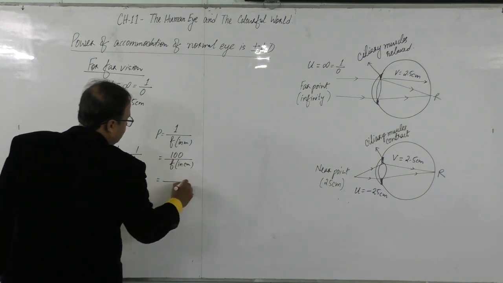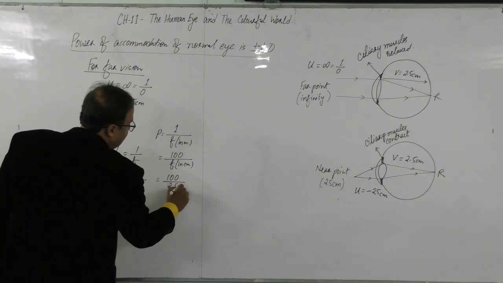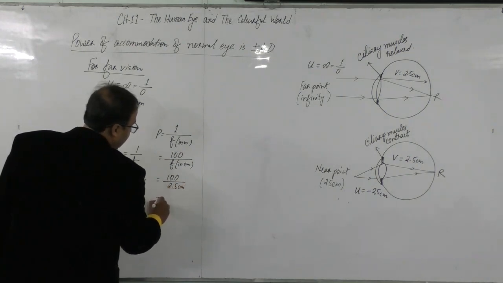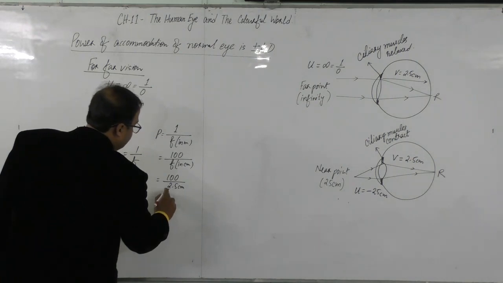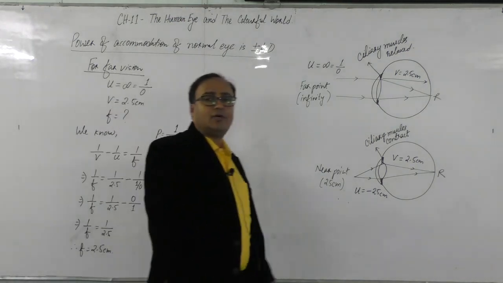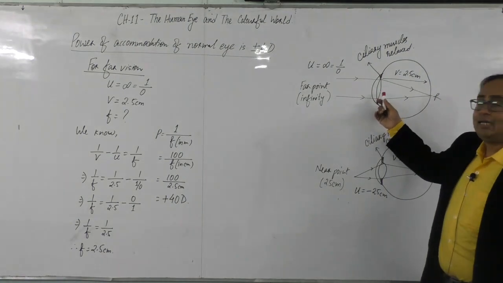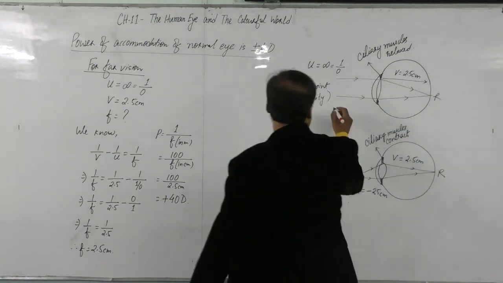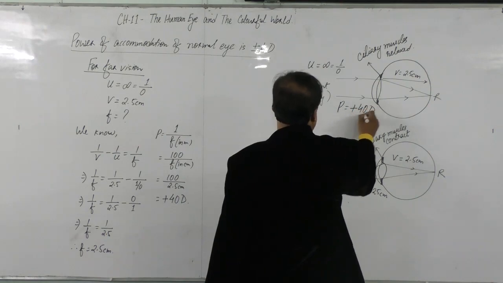So here 100 by 2.5 centimeters, so you will get 40, the power is plus 40 diopter. So when we are looking at object at infinity, the power of eye lens becomes plus 40 diopter.